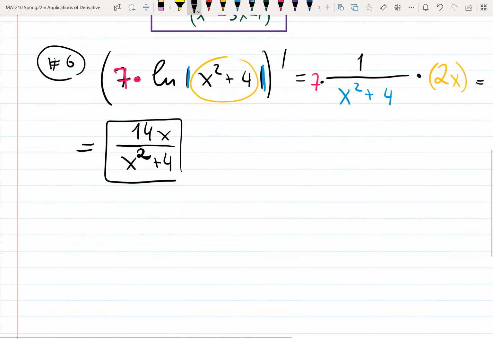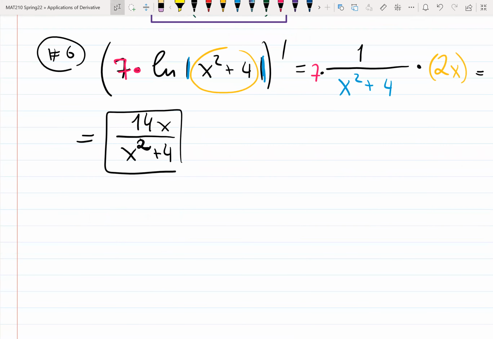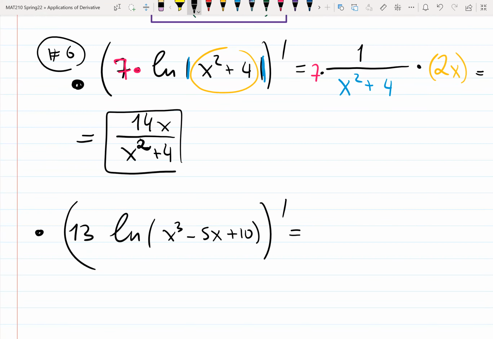One more. Let me do one more just to explain how to do it a little bit faster if you want. ln of x cubed minus 5x plus 10. How about this one? Check how I see it.